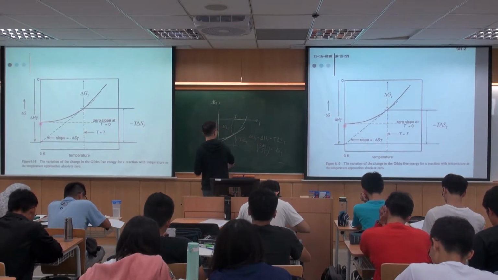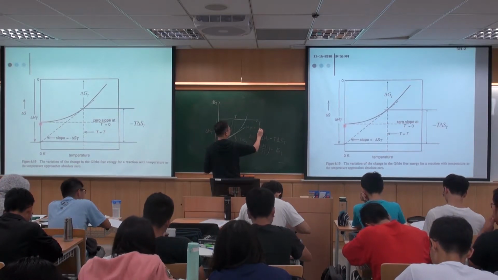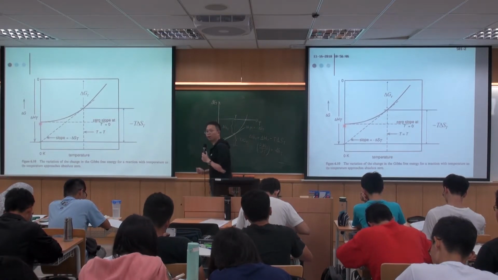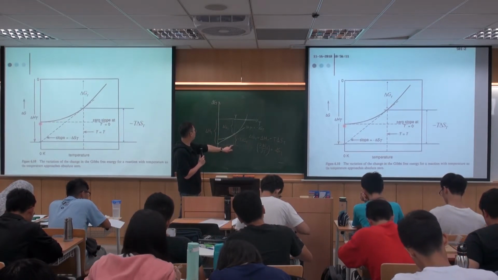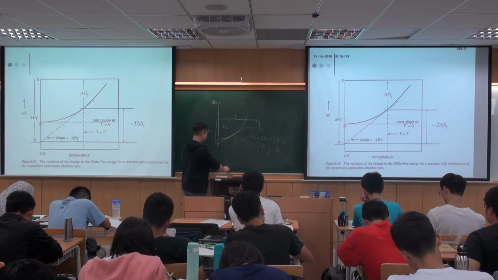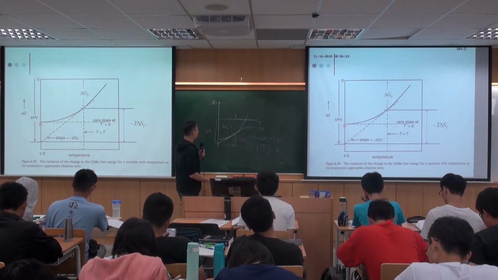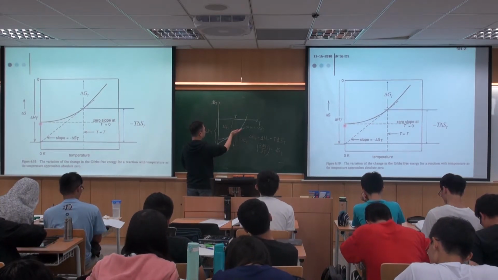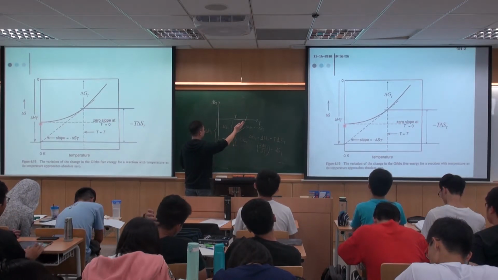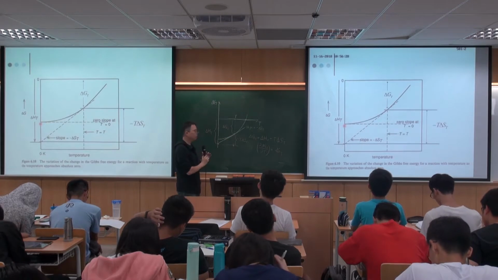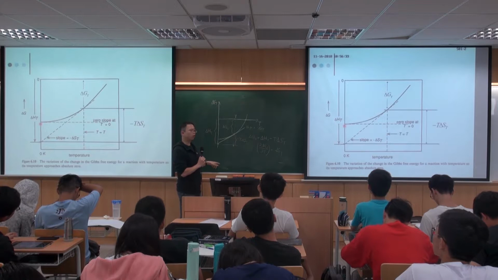And this is the slope. Which means that this point over here is delta H(T). If you change the temperature, for instance, if you go up to higher temperature, you'll expect that delta H(T) is becoming greater and greater, which is more and more negative, right?